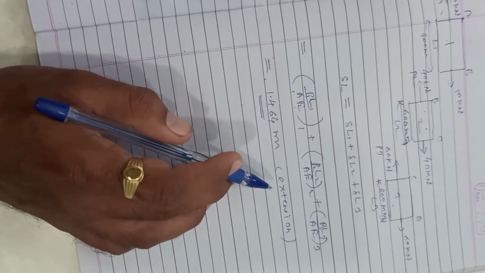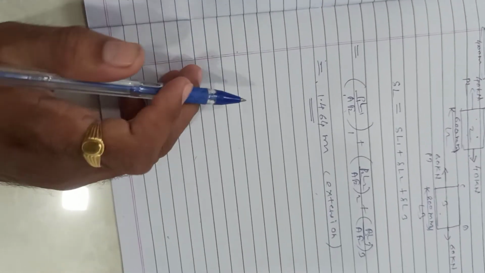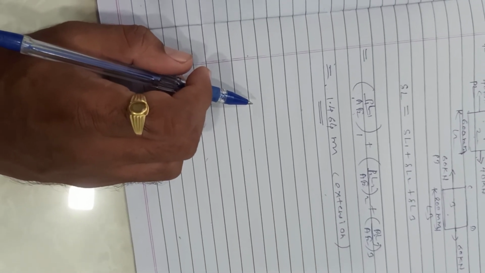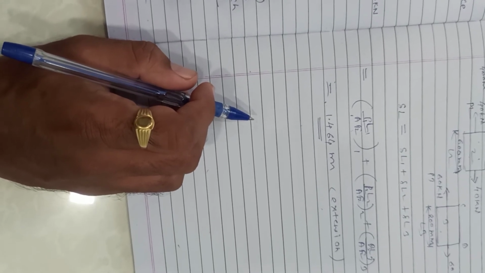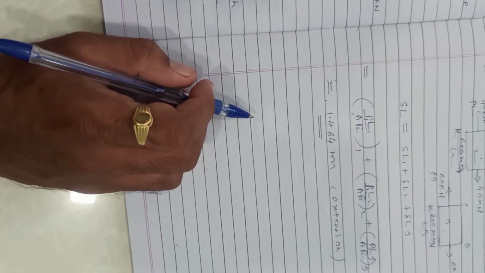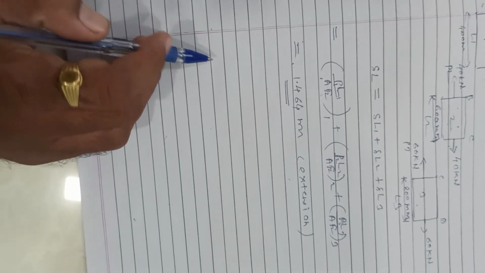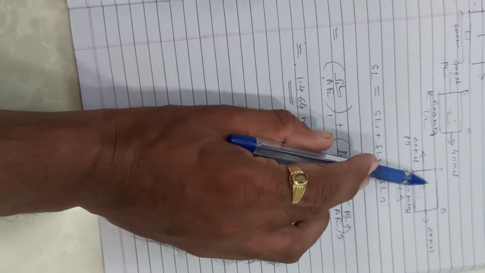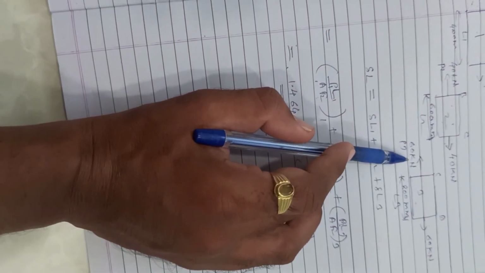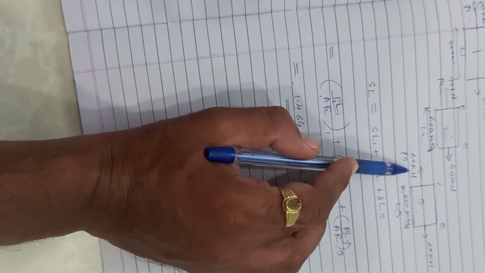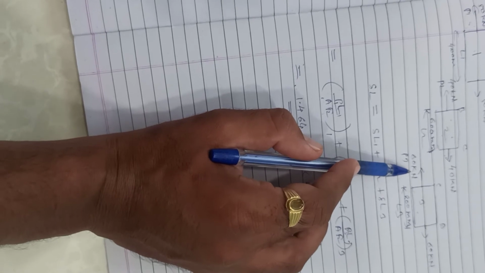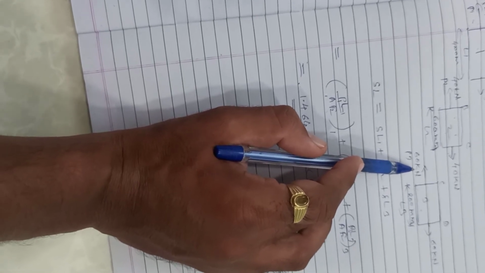Okay, now we have to find out the stresses at the various sections. Now from the diagram you will come to know the maximum force is acting at section CD, that is 60 kilonewton. Hence the maximum stress is produced in the portion CD.